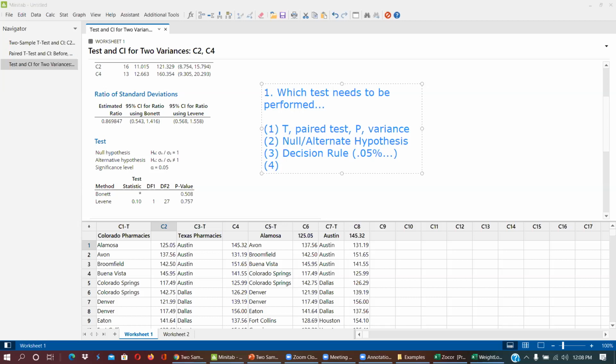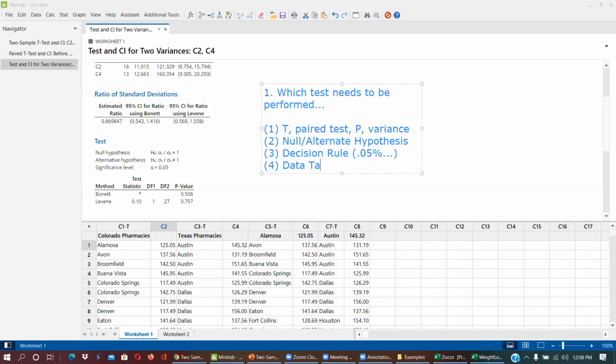You are going to insert the data, which is already provided. Data is normally not given in summarized form; data is given in the form of tables. So you are going to select the columns.